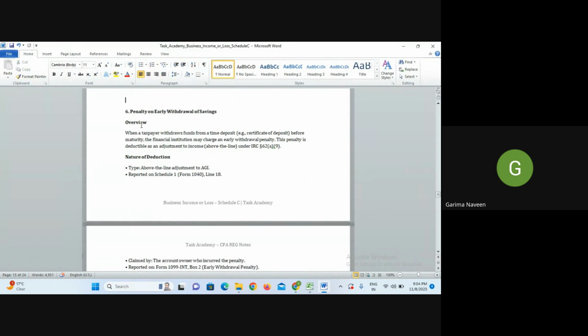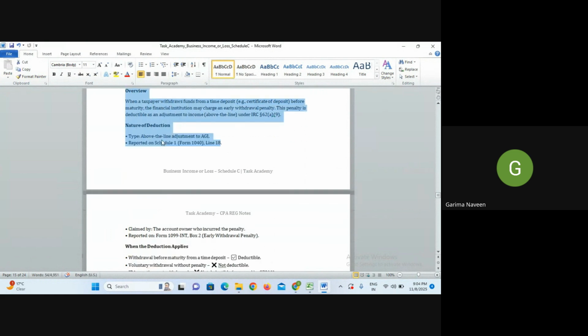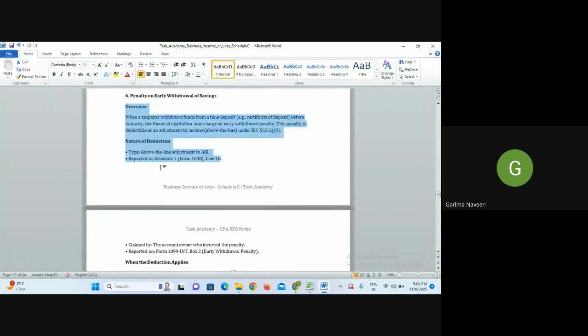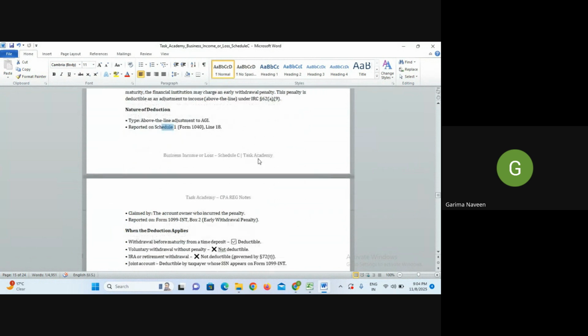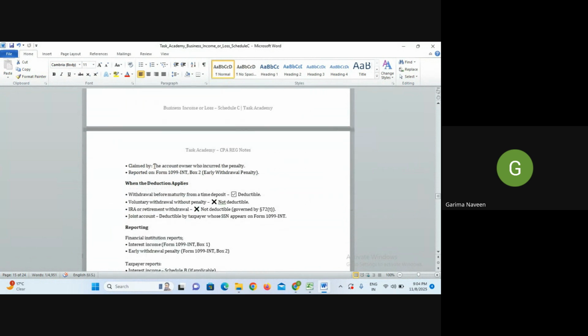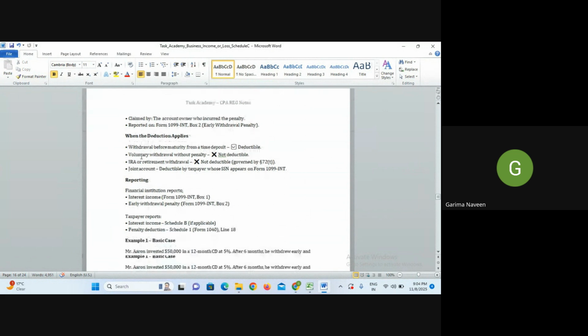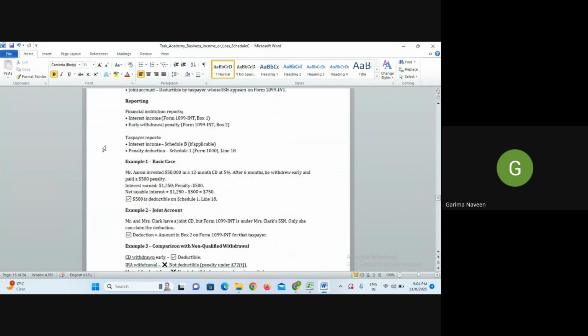So this penalty you can deduct in your Form 1040 if you are paying any penalty on early withdrawal. The nature of the deduction is an above-the-line deduction again. It will be reported in your Schedule 1, line 18, and can be claimed by the account owner who incurred the penalty. So if you have a certain security deposit and you are withdrawing it before time, and you paid a certain penalty on this withdrawal, then you can deduct this penalty in your Form 1040.